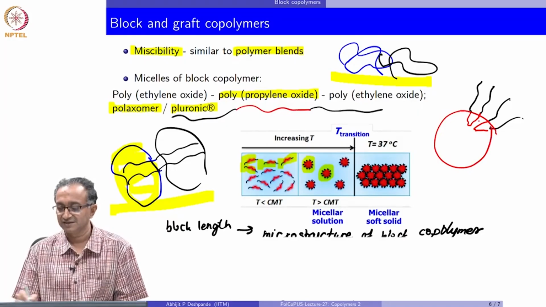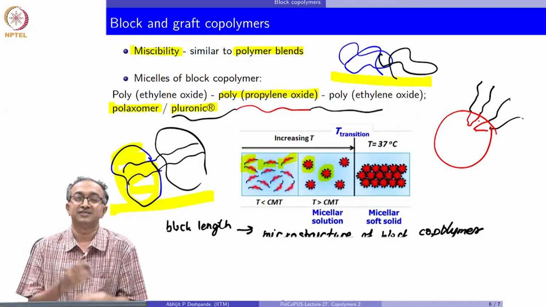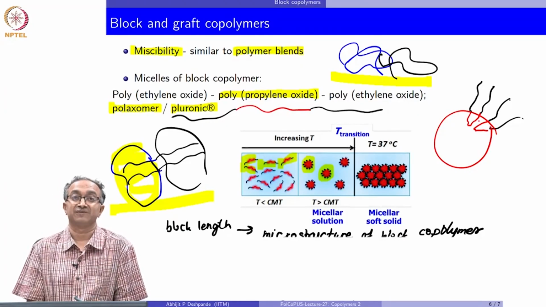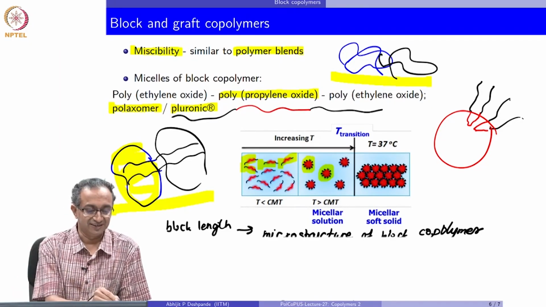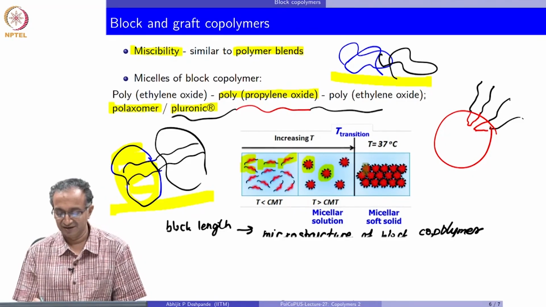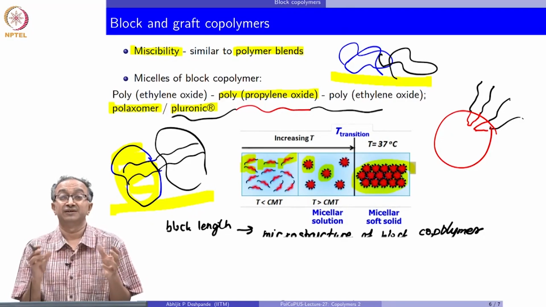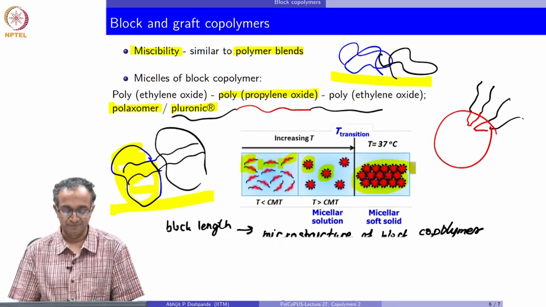So, therefore, we get what is called a micelle, very similar to surface active agents, surfactants, giving us micelles. And more interestingly, if we increase the temperature further, then many of these micellar systems form assemblies where you get a gel-like response.